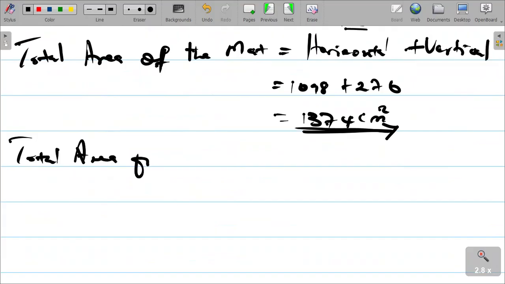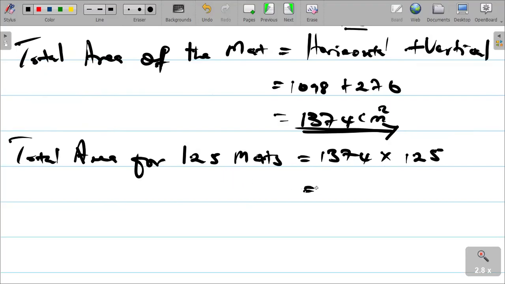Total area for 125 mats is equal to 1374 multiplied by 125.